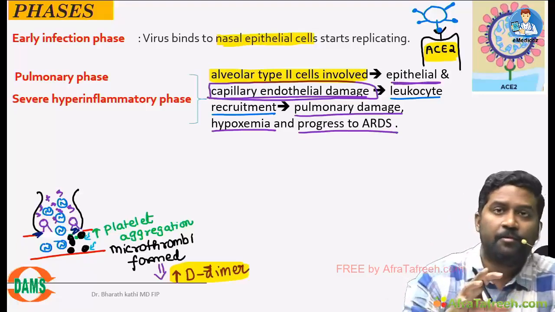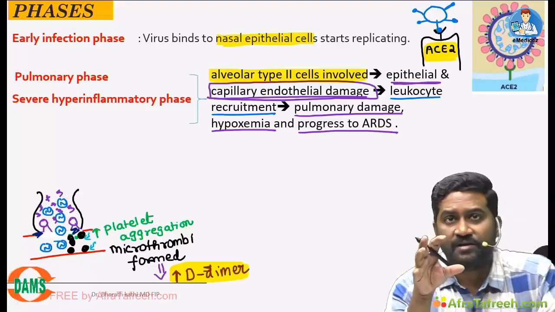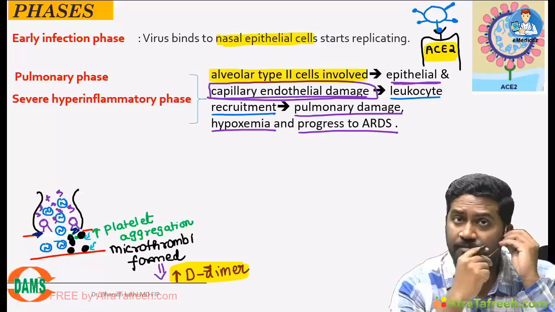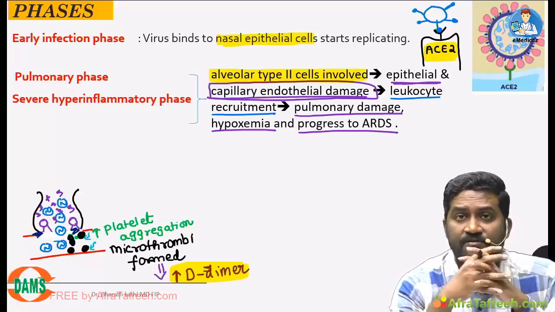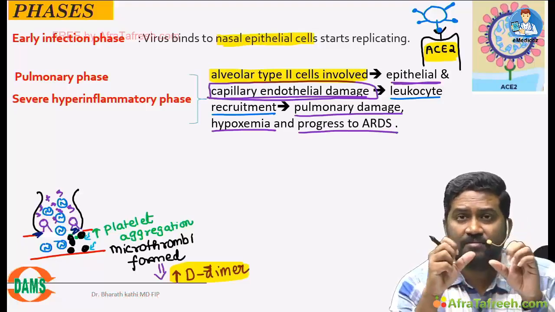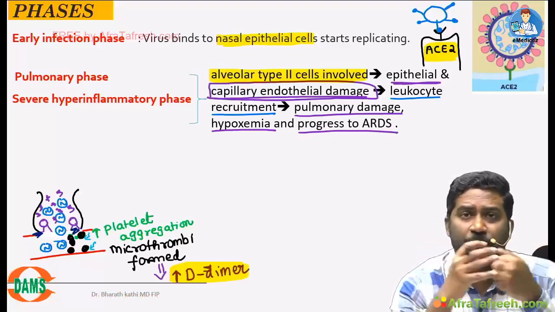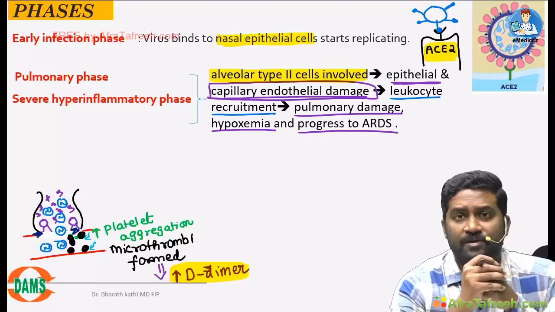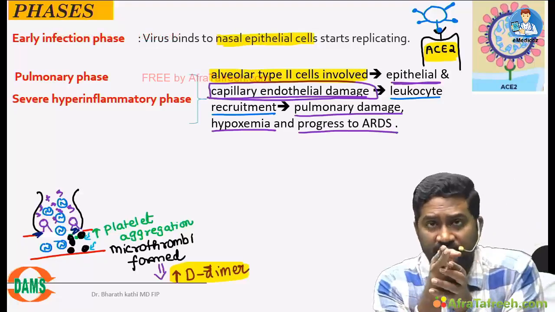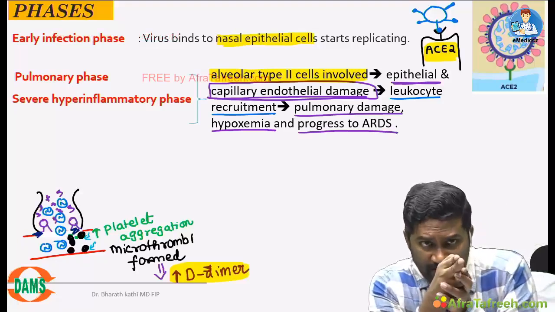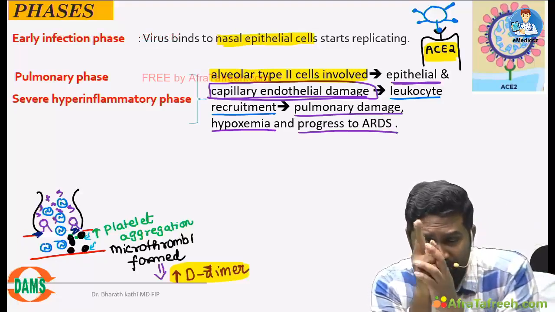Now this is the pulmonary phase. The patient can have hypoxemia and can progress to ARDS. But in a few patients, their immunity behaves in an abnormal manner. Normally, your immune cells are just like soldiers. They just see the terrorist and shoot him.